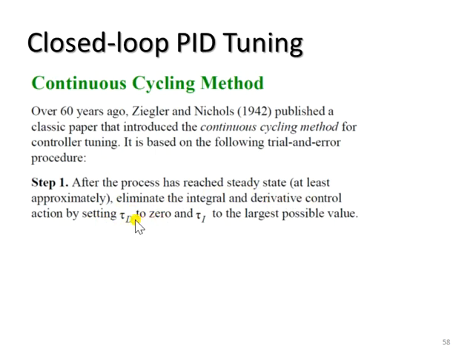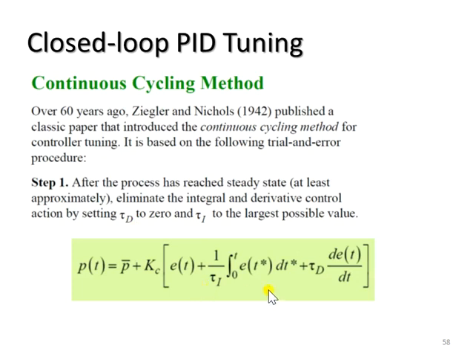If we look at the previous equation, the PID equation with the proportional term, integral term, and derivative term, we can eliminate the derivative by taking tau D equal to 0. So the whole term will be 0.